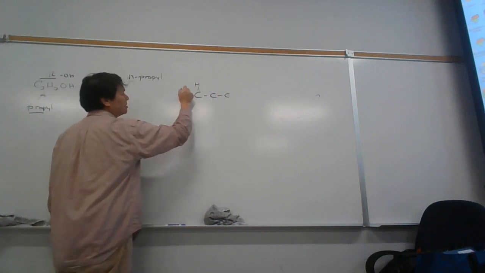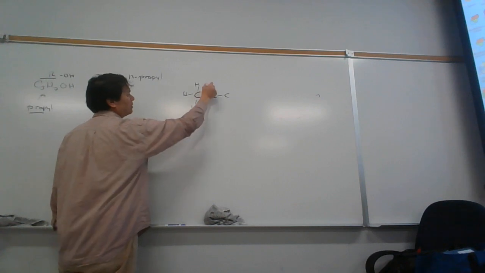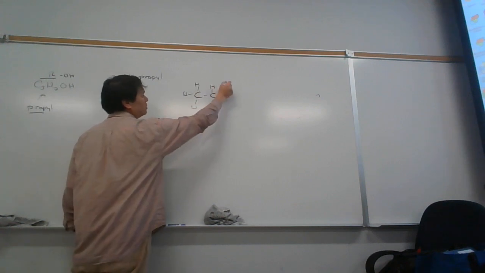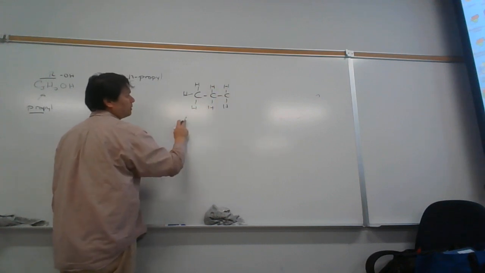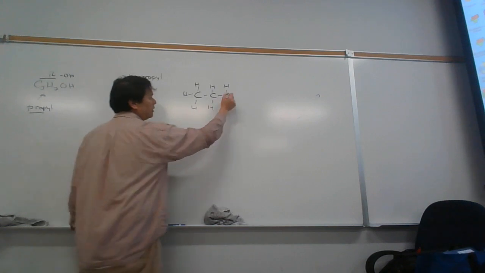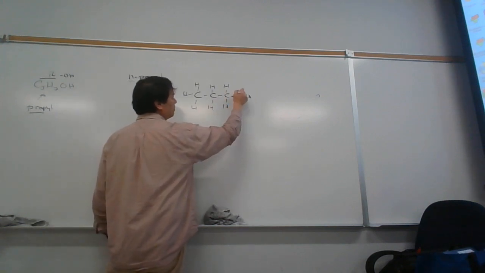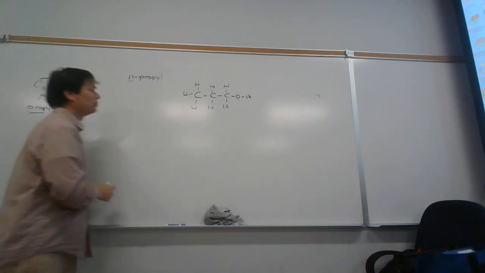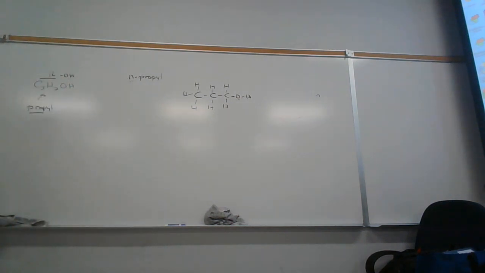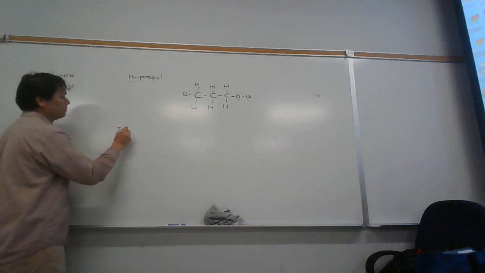And then how many hydrogens would we need? We need 3 for this, 2 for this, and 2 for this. So that would be CH3, CH2, CH2, and then throw on the OH there. This would be called N-propyl alcohol. But there's one other way that we could do, and that's isopropyl.